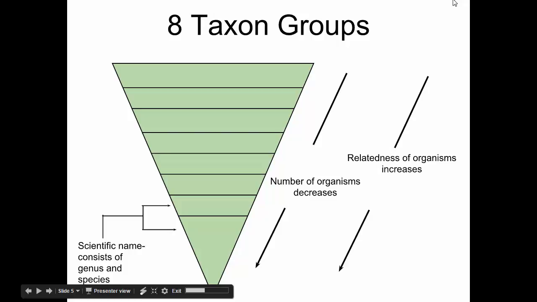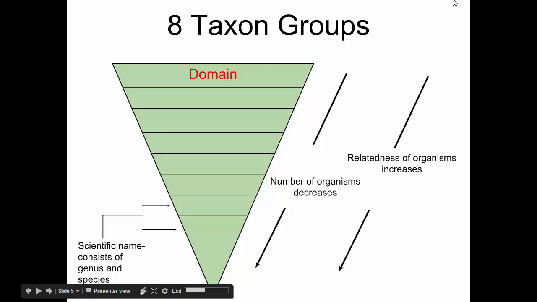The very top level of classification that's currently used is called a domain. There are 3 domains of living organisms in taxonomy. Only 3. Every single living organism, from a bacteria to a fungus, to a tree, to a human, is in one of the 3 domains.